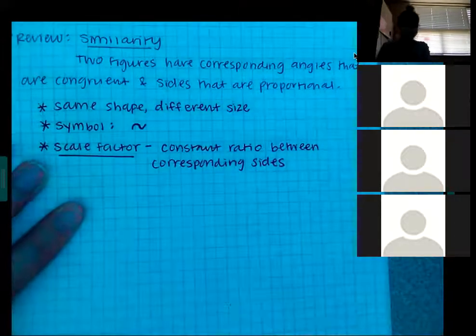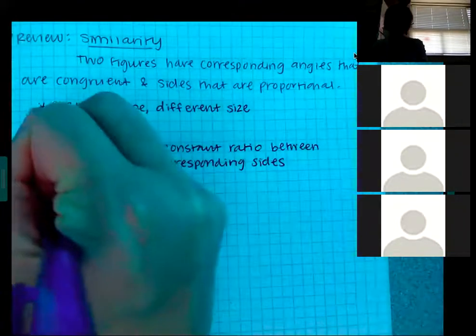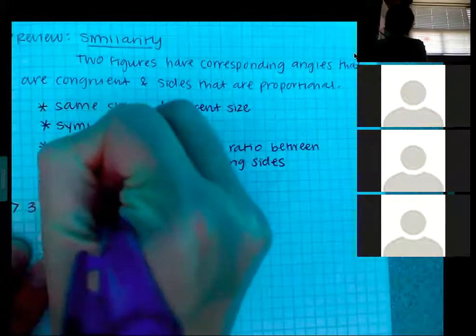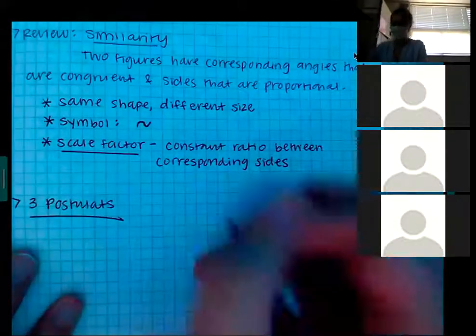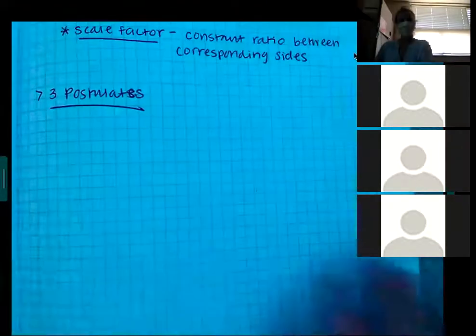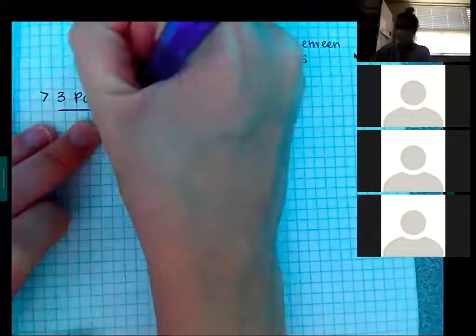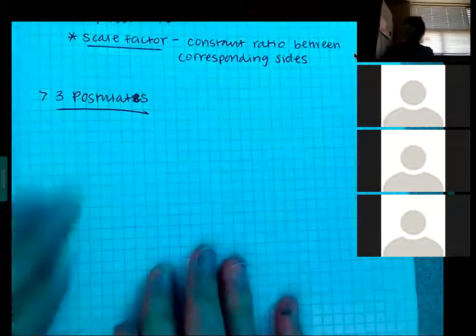So let's write those down. For similar triangles, there are 3 postulates. Postulates, I spelled that wrong. There we go. That's an E. My spelling is off today.